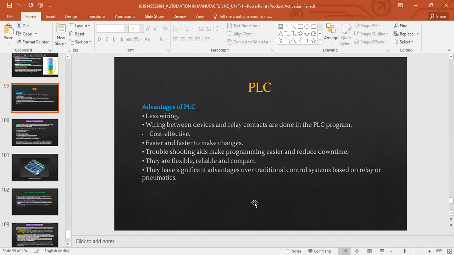Troubleshooting aids make programming easier and reduce downtime. So if there is a problem in the system, something is wrong, that's when you say you're troubleshooting, right? You're trying to find out what has gone wrong. So troubleshooting aids make programming easier.